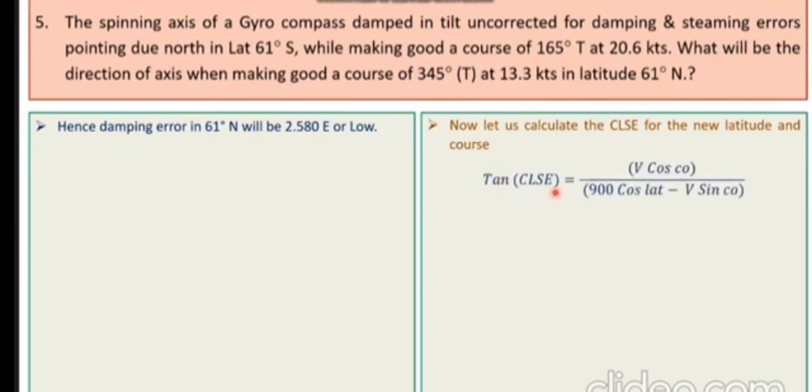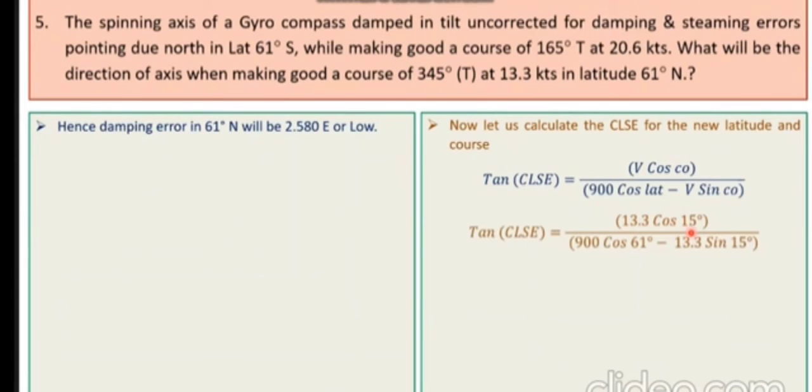Tangent of steaming error or CLSE is equal to V cos C divided by 900 cos lat minus V sin C. Why negative sign here? Because the course which we have, 345, has a westerly component. It's a northwest quadrant course. Whenever the course has a westerly component, we have a negative sign in the denominator. Putting the values, the speed is 13.3 knots.